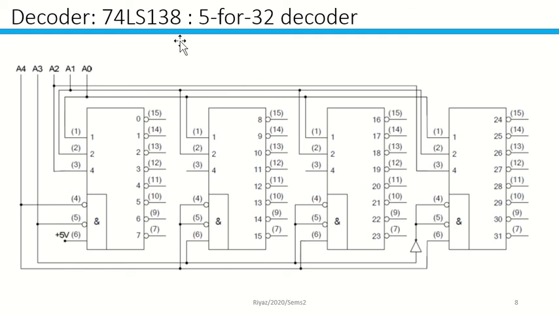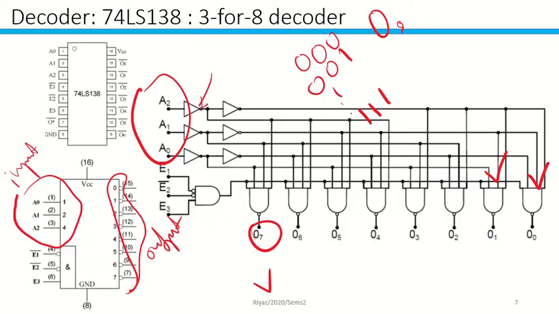This one is for a 5 to 32 decoder. You're going to have 5 inputs over here, and then you process similarly. Don't forget, you're going to have enables such as this one: enable 1, enable 2, enable 3.